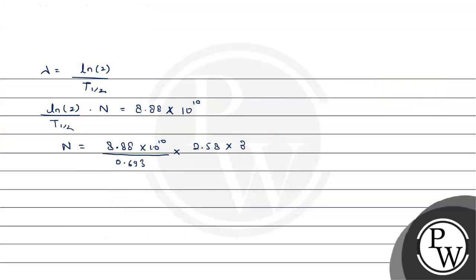After solving this, we get 19015.065 × 10^10. Converting it into scientific notation, we get 1.19 × 10^15. So this will be the value of N at that time.